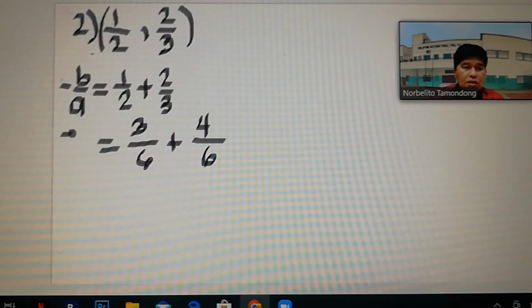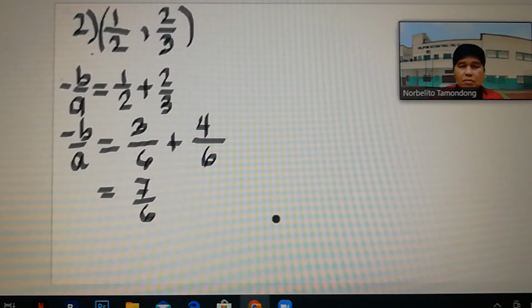So your negative b over a is equal to 7 over 6. When you add two similar fractions, just add the numerators and copy the same denominator.